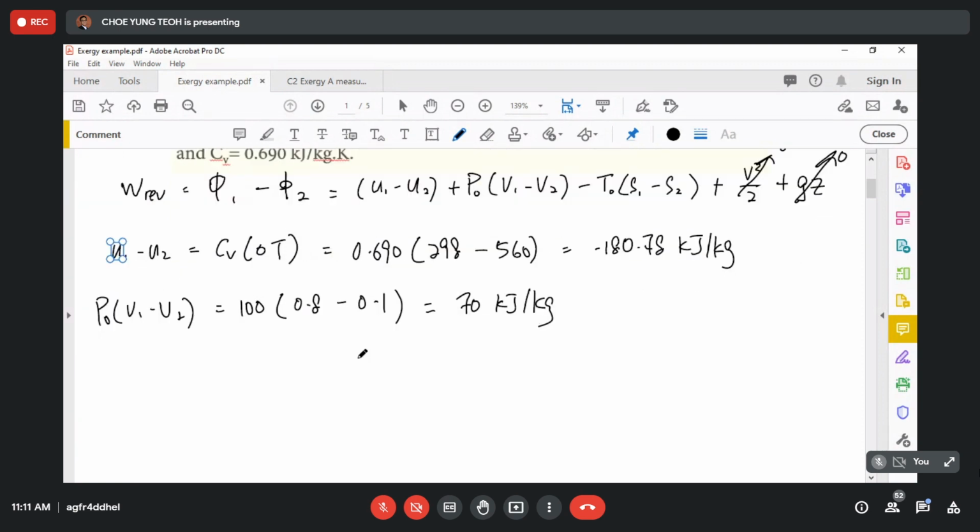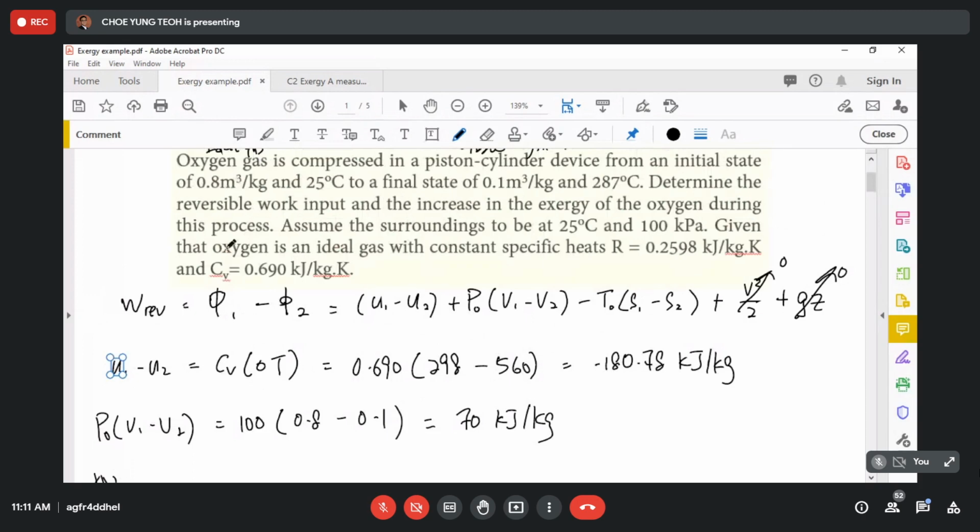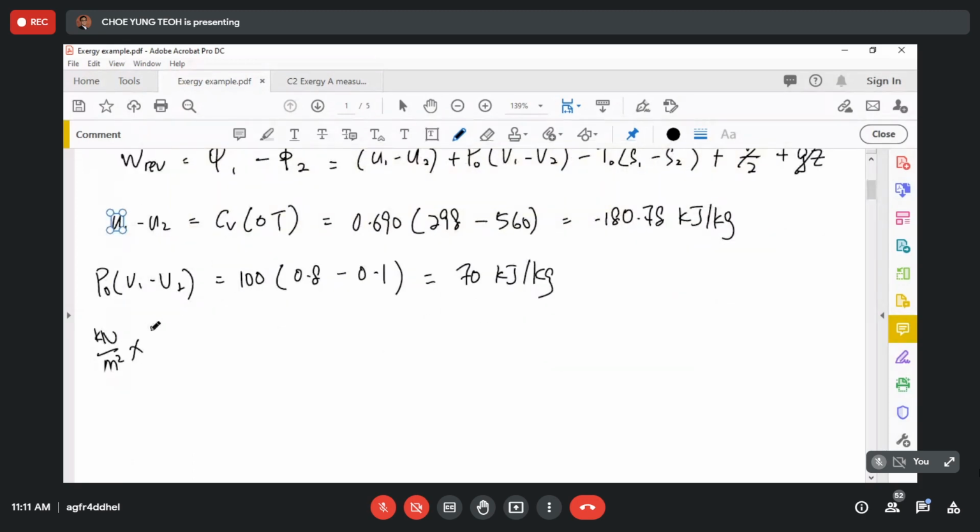Remember to always check the unit. You can see that this, what's the unit for P0? P0 is a kilopascal, or I can put kilo Newton over meter square. Okay, and then what's the unit for V, volume? So here we have the specific volume of meter cube per kg. So I cancel, I get the kilonewton times meter over kg.